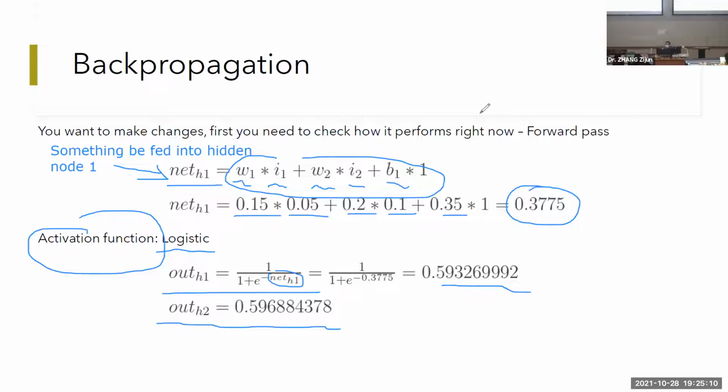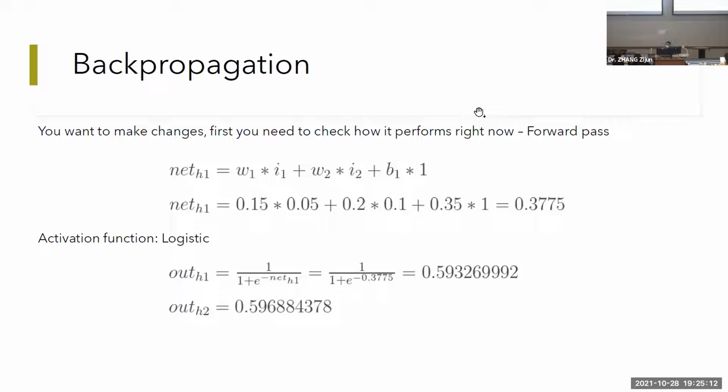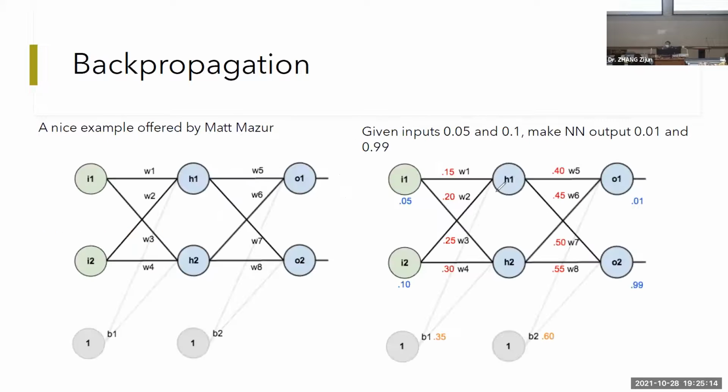So remember, I bet some students already got confused. First you need to get net H1. Then this net H1 will be fed into an activation function.